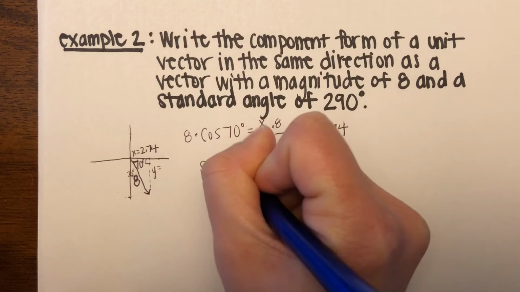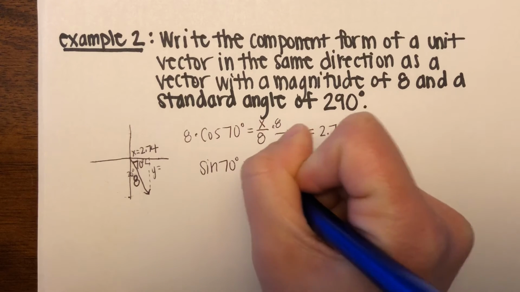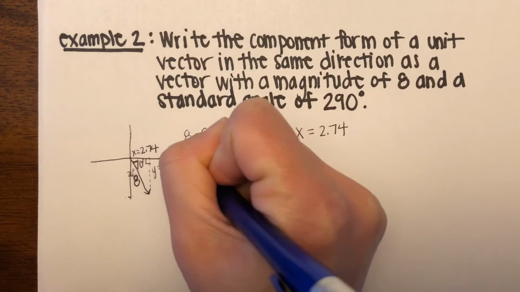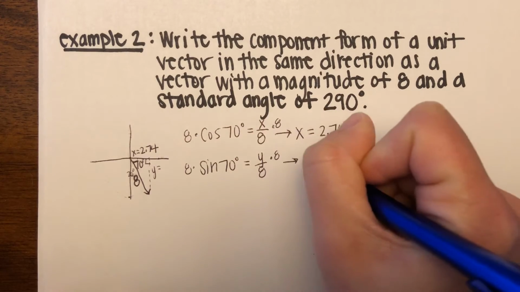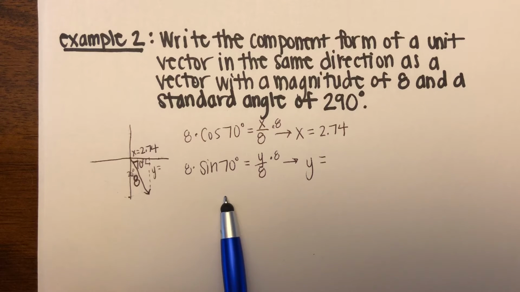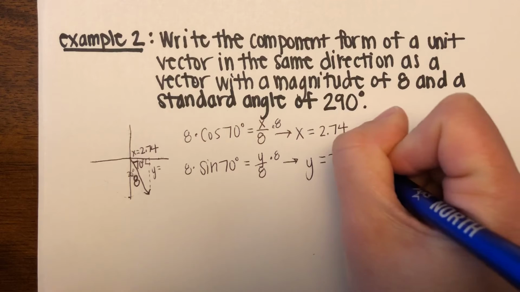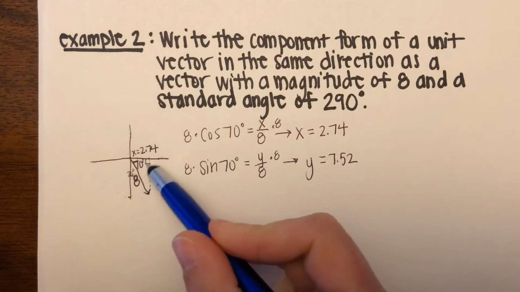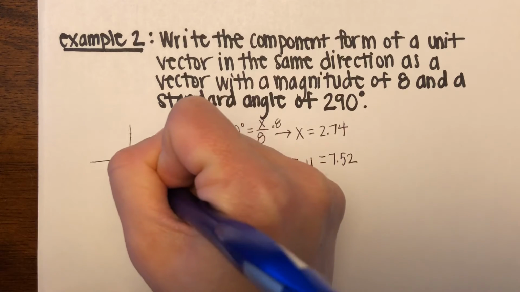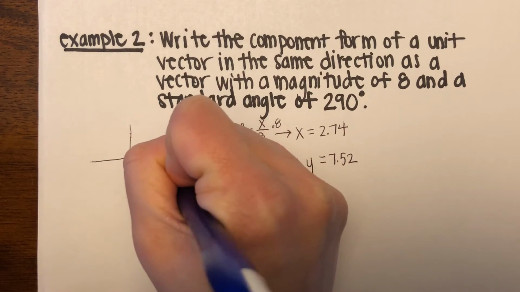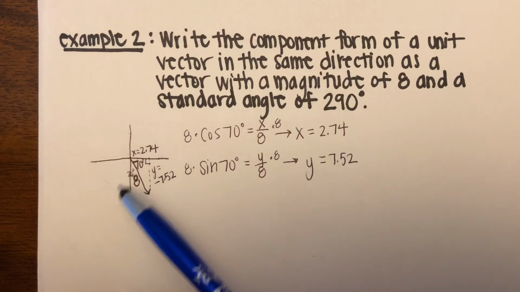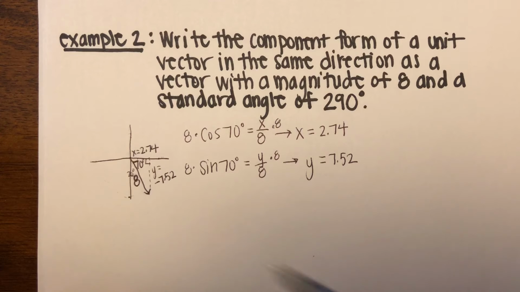So you're going to have the sine of 70 degrees equals y over 8. And then multiply both sides by 8 to get y by itself. So in your calculator, if you did 8 times the sine of 70, you should get 7.52. And when I go to label it in my diagram, I notice that it's in the negative y direction. So y is going to equal negative 7.52.